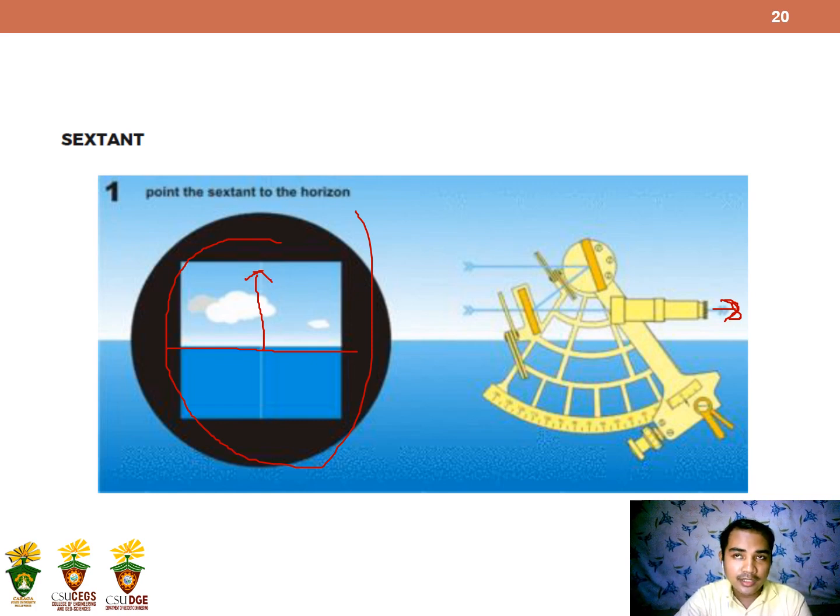Then you can also get the horizontal by using the kung asa ang north, asa ang south, kung asa nimo siya gi project, no. It uses light, para makita nimo diri sa telescope, no. Tinga na ang how sextant is being utilized.